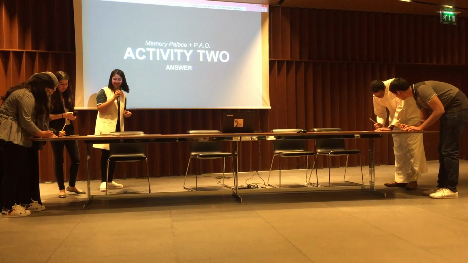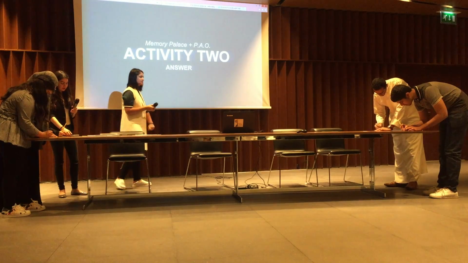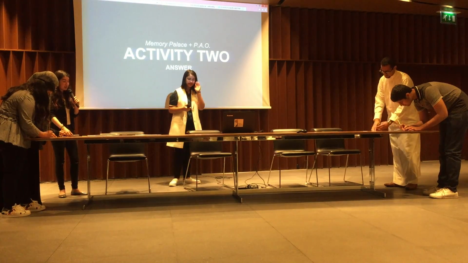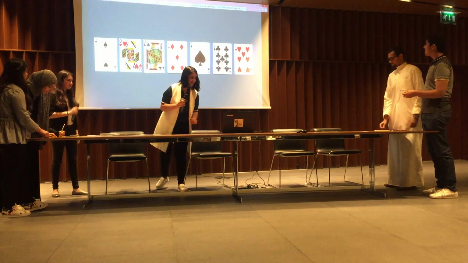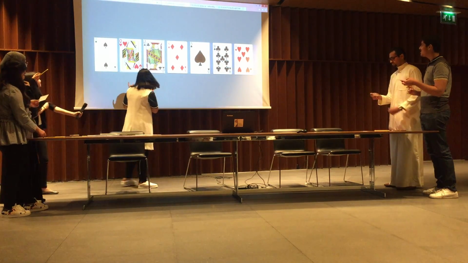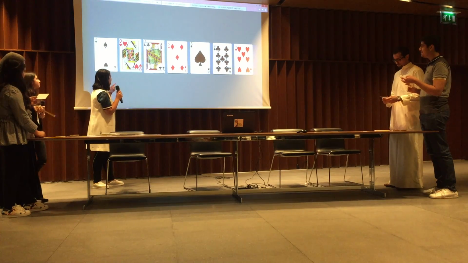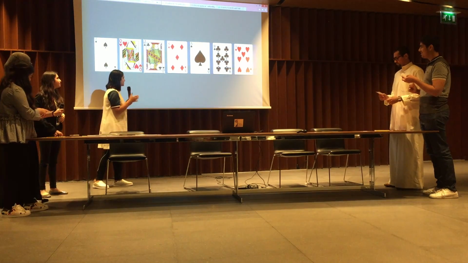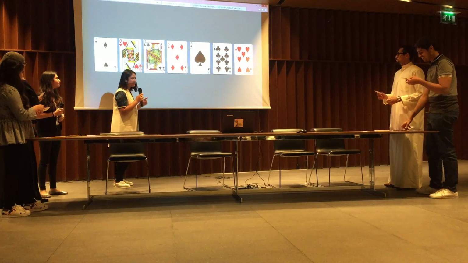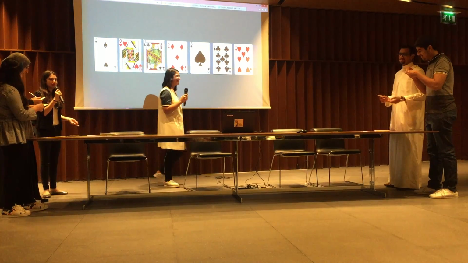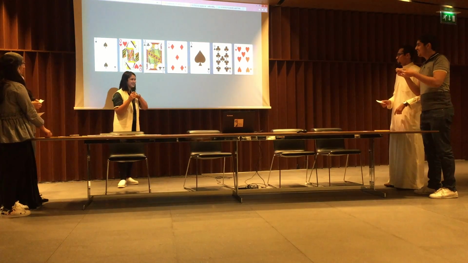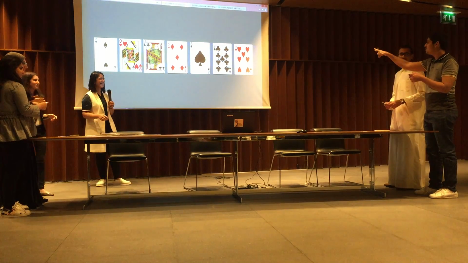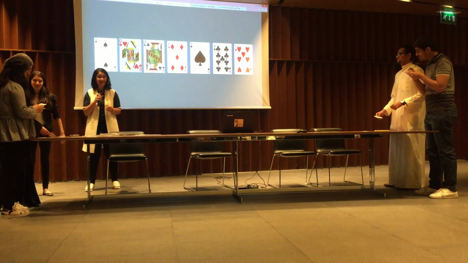You have 5 seconds left. And your time is up. You can check your answers on the board. So it was 2 of spades, Queen of hearts, Jack of clubs, 5 of diamonds, Ace of spades, 9 of clubs, and 7 of hearts. Again, if you have a couple of mistakes, that's completely fine. That's a good one. Thank you for participating.